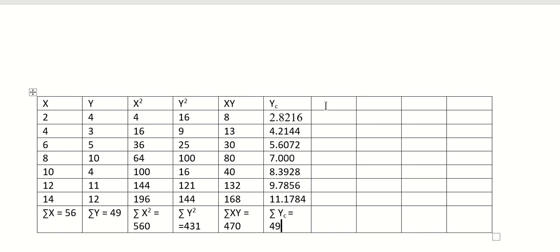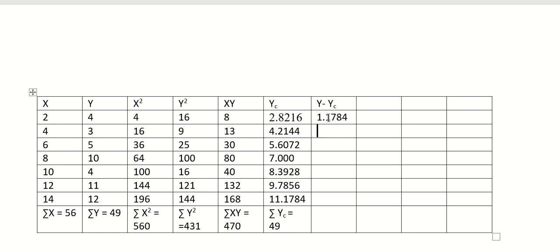Now we will calculate actual value minus predicted value, basically the difference, Y minus yc, actual Y and predicted Y. So here Y is 4, 4 minus 2.8216, the answer we have got is 1.1784.